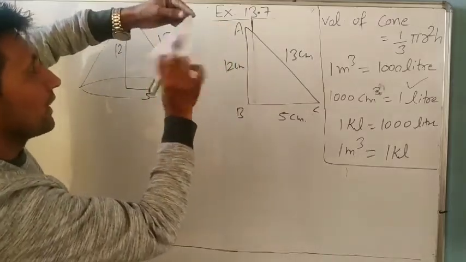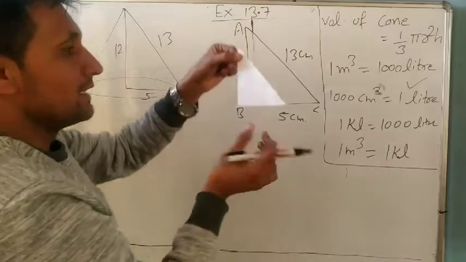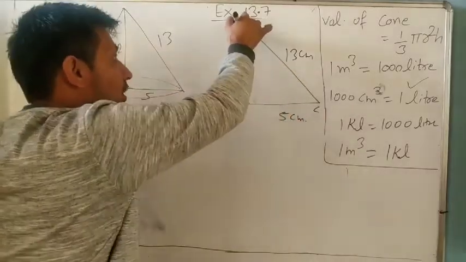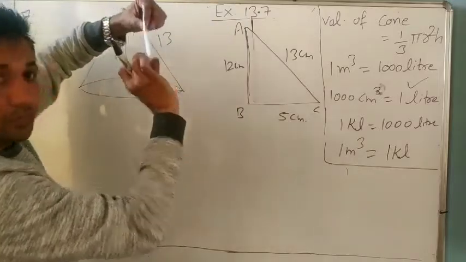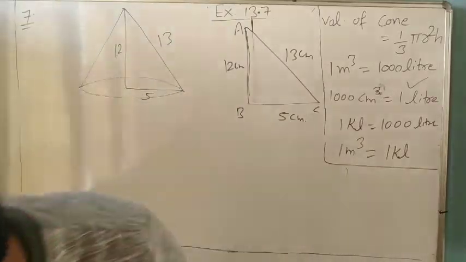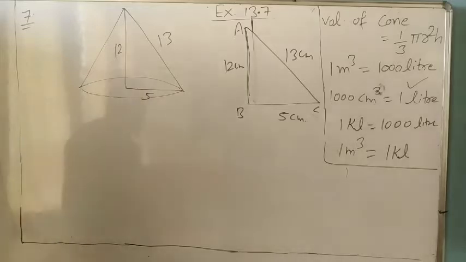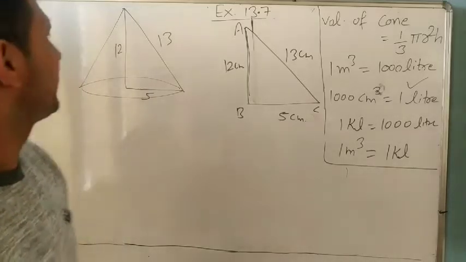When we revolve this triangle around the 12 centimeter side of the triangle like this, it becomes a cone. Now you have to find the volume of the solid. Understand or not?